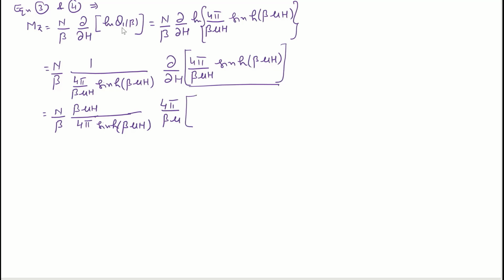So its differential with respect to h will be 1 by h as it is, and then differential of this quantity, so that is cos hyperbolic beta mu h multiplied by beta mu, and then differential of 1 by h with respect to h, so that will give us minus 1 upon h square, and then sine hyperbolic beta mu h as it is.